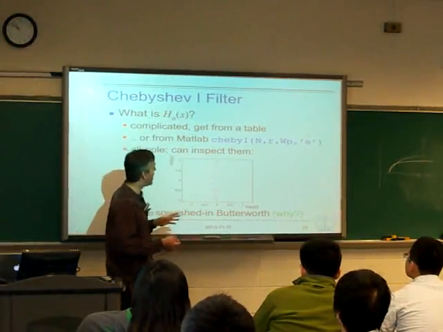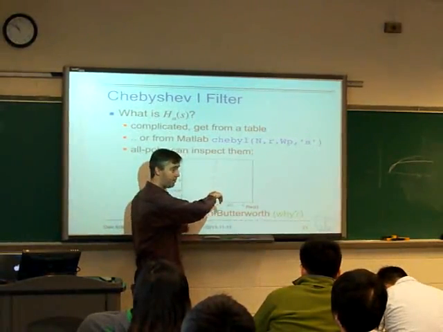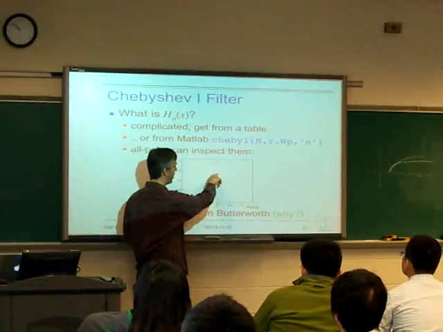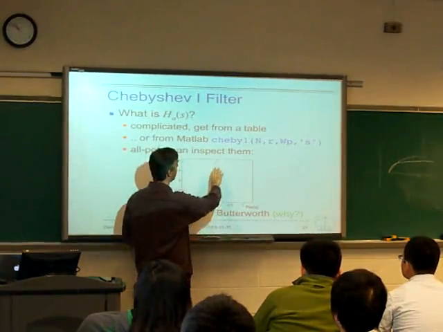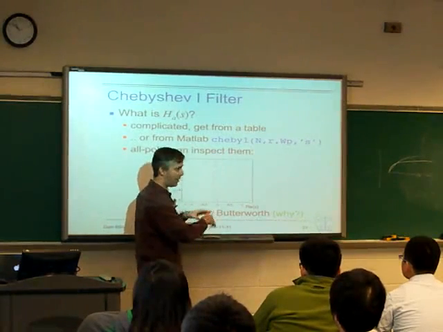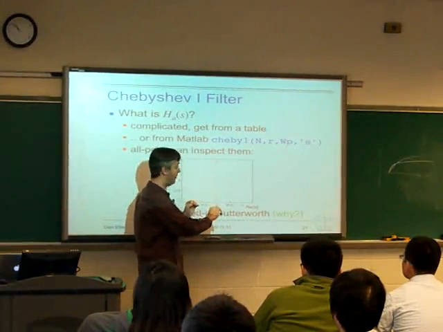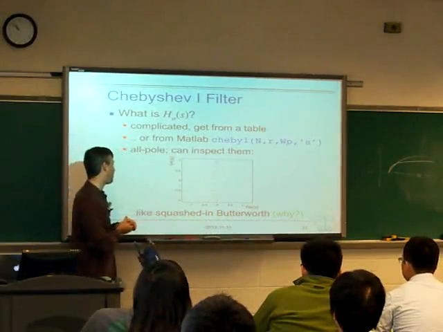That makes sense, because when we put these poles close to the axis, we expect to get ripples. This pole is much closer than all these other ones, so there's going to be some local peak in the magnitude response. But it turns out that by arranging them like this, we can make all these ripples equal depth, which is not at all obvious from looking at it. That actually works out.